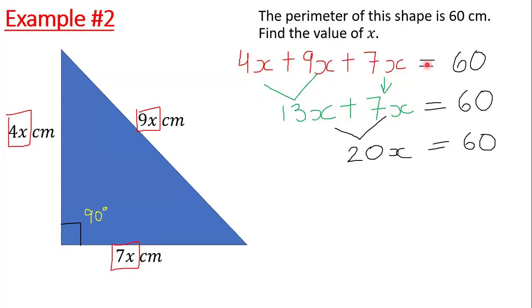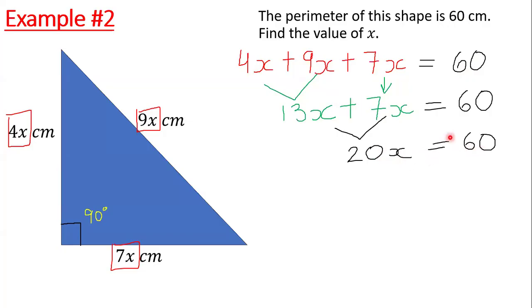But remember, we still put it equal to 60 because that's the perimeter they gave us. If they give you the perimeter, you can put that equal to the algebraic expression for the perimeter. When we add them, 13x plus 7x, we get 20x, and 20x is equal to 60.